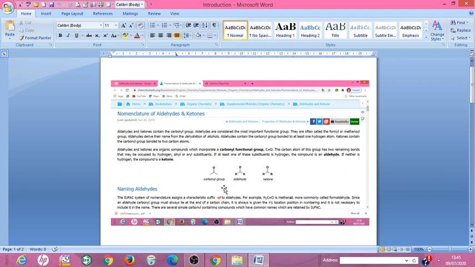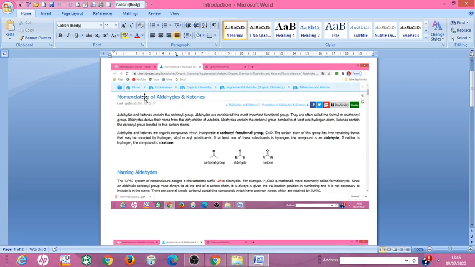For example, the saturated hydrocarbon containing one carbon atom is known as methane. In alkane, the suffix e is replaced by al, known as aldehyde, and in alkane e is replaced by one, known as the ketone.